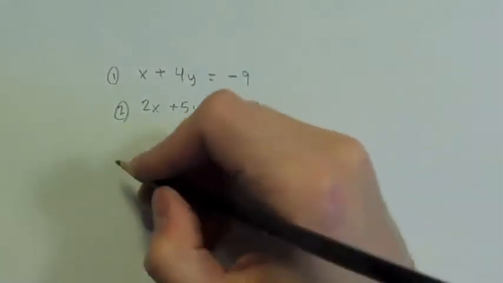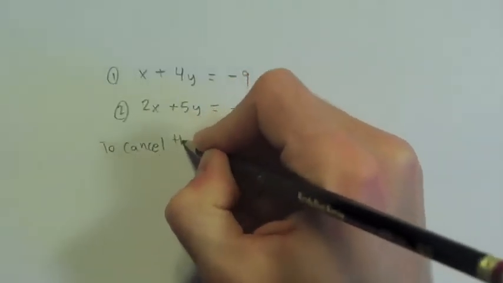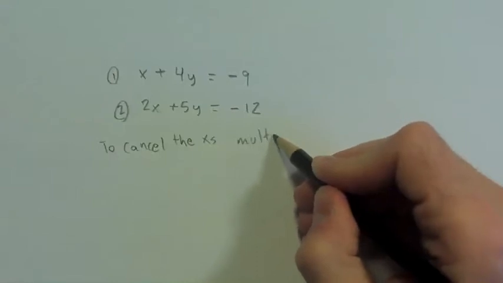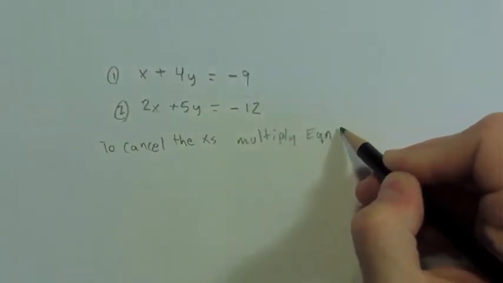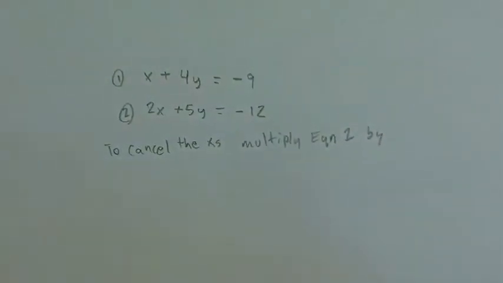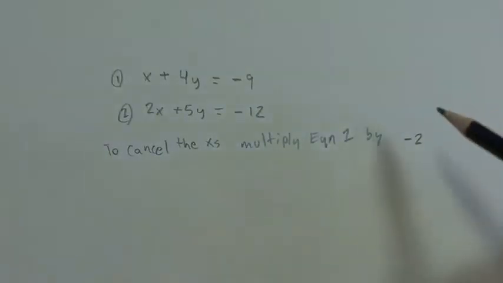So to cancel the x's, let's multiply equation 1 by negative 2 again. It won't always be negative 2, but in this case, that's actually going to work.